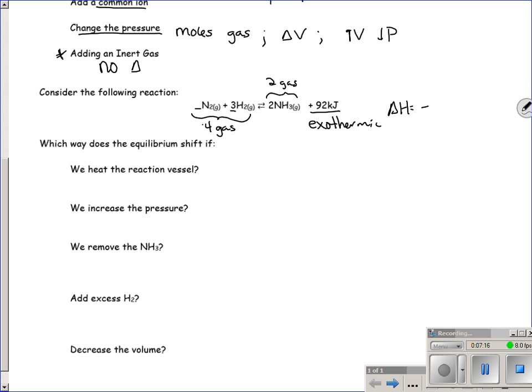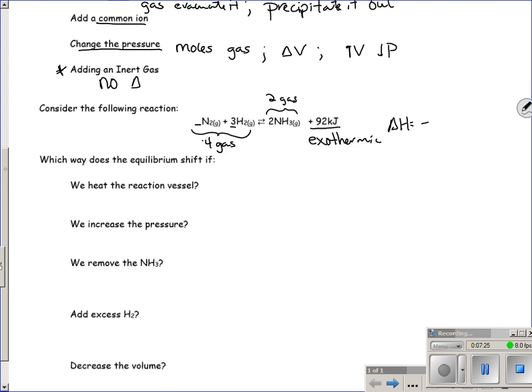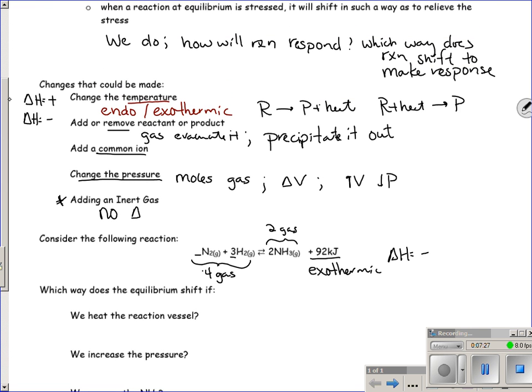And here's the thing. According to LeChatelier, whatever we do to the reaction, it's going to undo it. So if we go back to our changes, if we increase the heat by increasing the temperature, the reaction is going to decrease the heat. If we remove a reactant, the reaction's going to make more reactants. If we remove a product, the reaction will shift to the right to make more products.